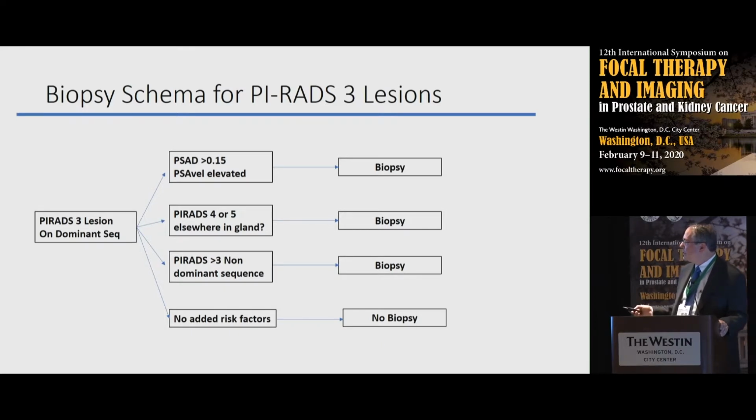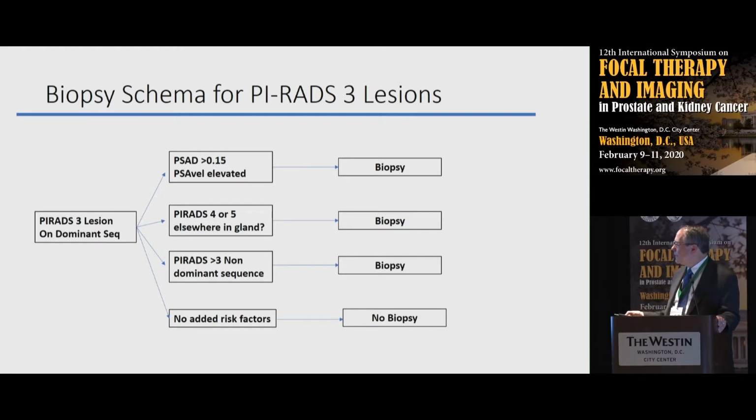But if you have any of these situations where the PSA-D or PSA increases, or there's a 4 or 5 elsewhere in the gland, like I showed in one case, well, you're going to do a biopsy of that gland anyway, so you might as well biopsy the PI-RADS 3 lesion.